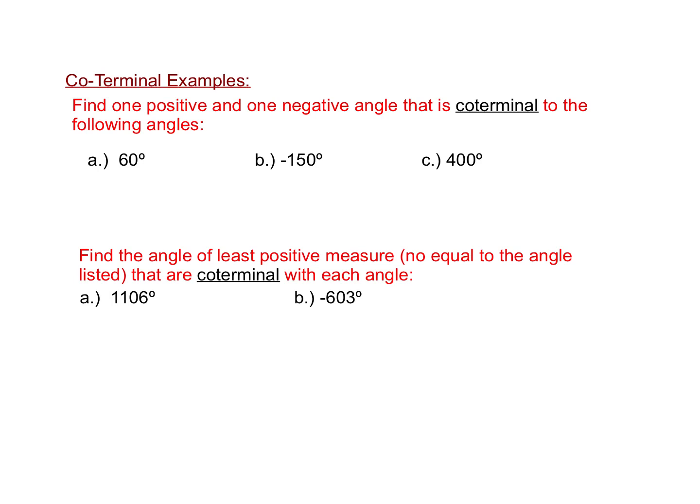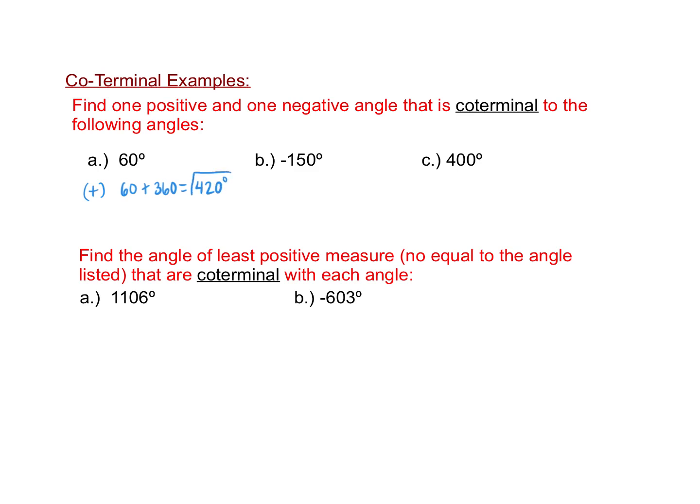So if we wanted to find one positive and one negative angle that are coterminal to the angles that we have here, for 60 degrees, if we want to find a positive coterminal angle, all we'd have to do is add 360 to that 60 degrees. So 60 degrees plus 360 would give us 420 degrees.